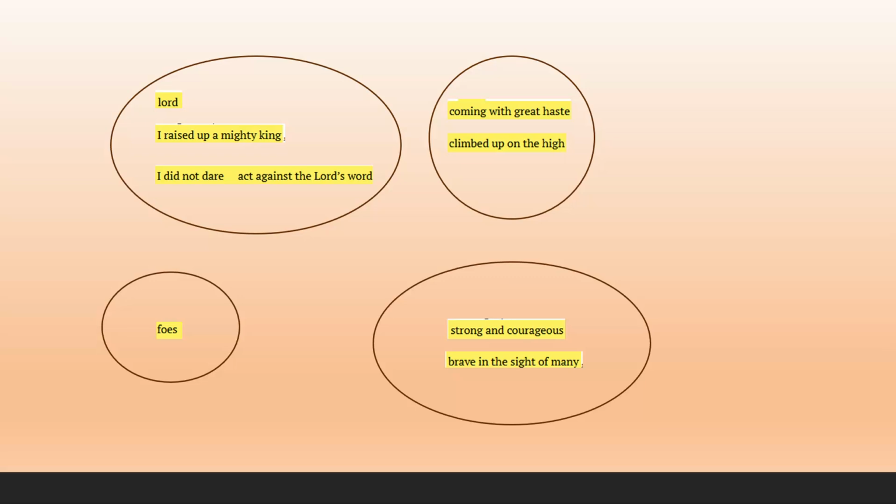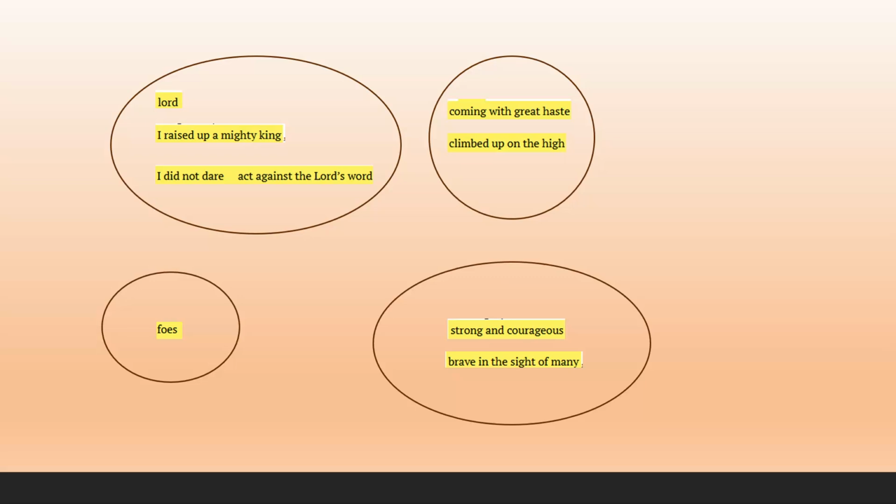I know that a great warrior has to fight foes. So the word is important, but it doesn't really belong with any of the other pieces of potential evidence that I've identified. So I've left it off in its own circle.